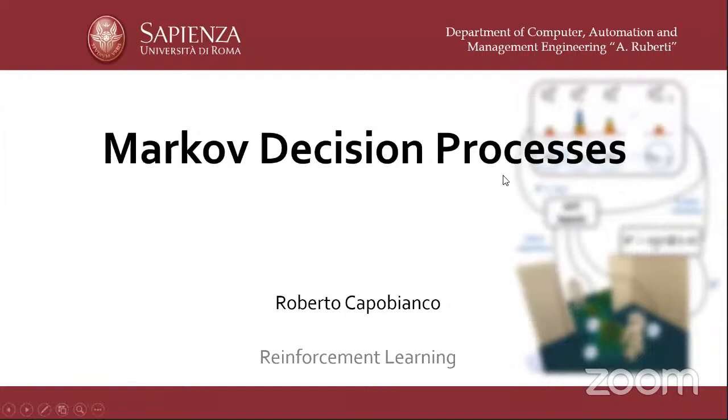Okay, so today we'll start talking about one of the main ingredients for reinforcement learning: the formalization that we'll use from now on for modeling our problems, which are Markov decision processes.